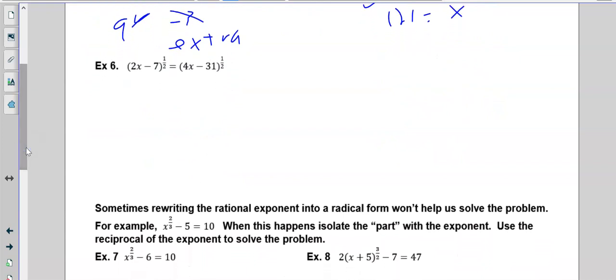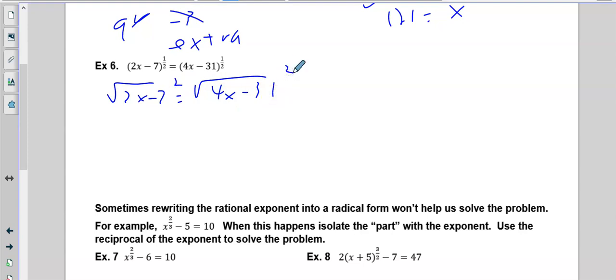Now this one, remember, these are both basically square root of 2x minus 7 equals square root of 4x minus 31. So when I square both sides, just like right here, if I took a power to a power, I multiply 1/2 times 2, it cancels. So this leaves me with just simply 2x minus 7 equals 4x minus 31.